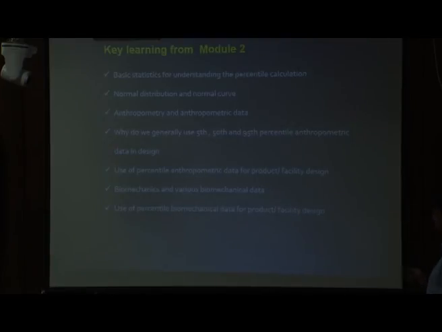So the overall key learning from this module 2 is basic statistics for understanding percentile calculation, normal distribution, normal curve, anthropometry and anthropometric data. We mentioned why we mainly prefer to use 50th and 95th percentile data for various design purposes. Then how we use percentile, anthropometric and biomechanical data for the design of products and various types of equipment or other facilities.